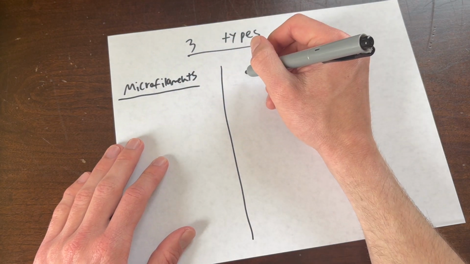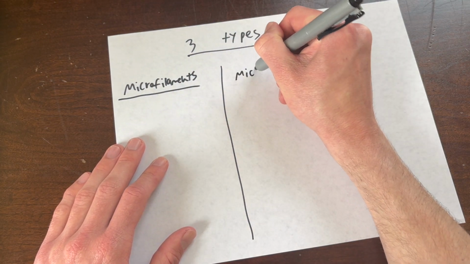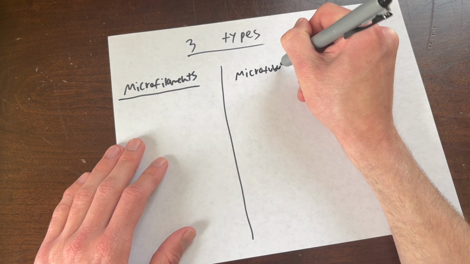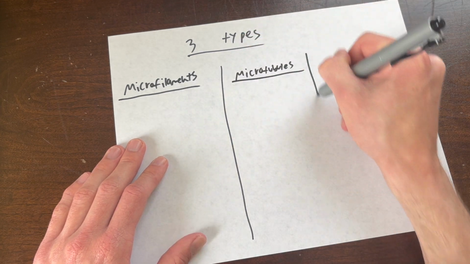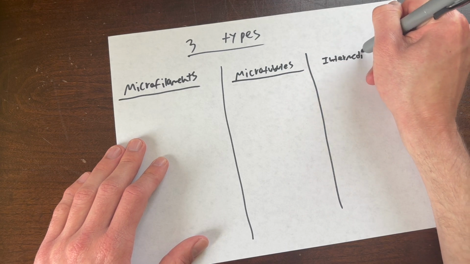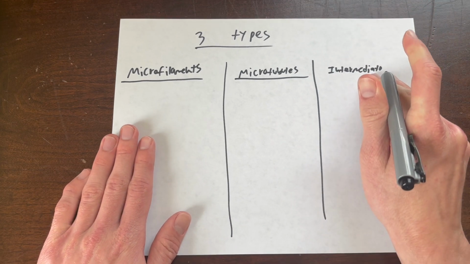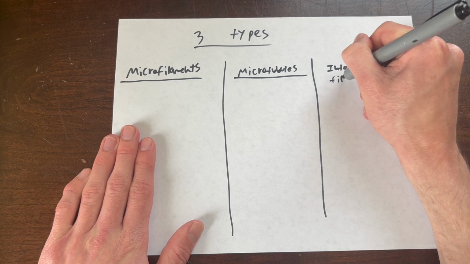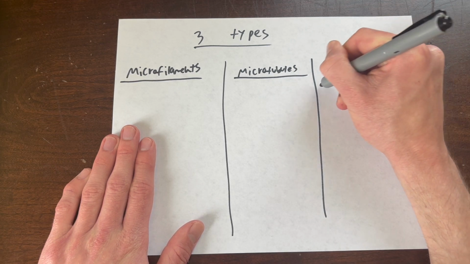Number 2 are the microtubules. And number 3 are the intermediate filaments.